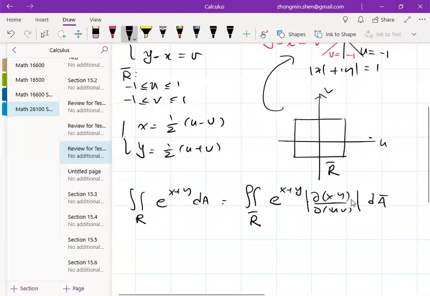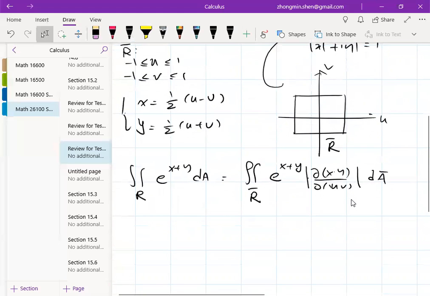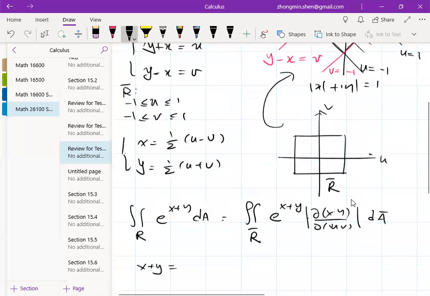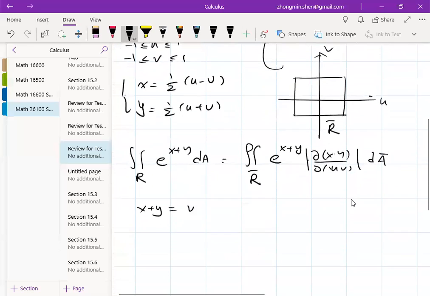So you have to compute several things. What is x plus y? x plus y is already known. x plus y is just u, okay.